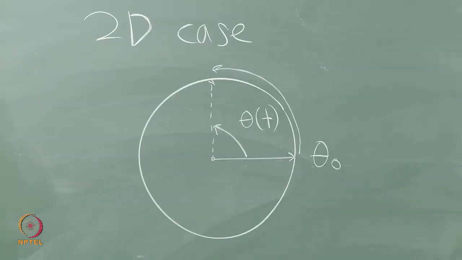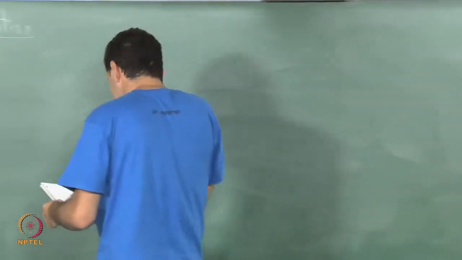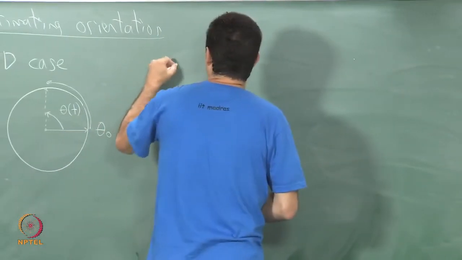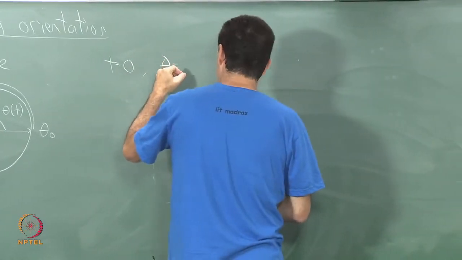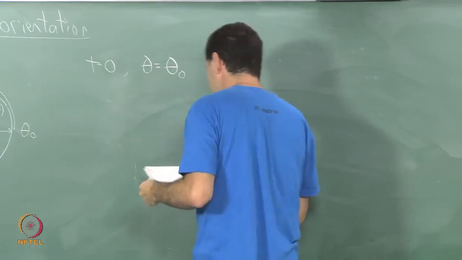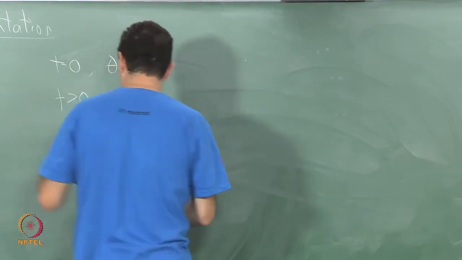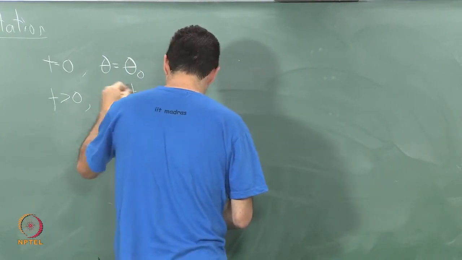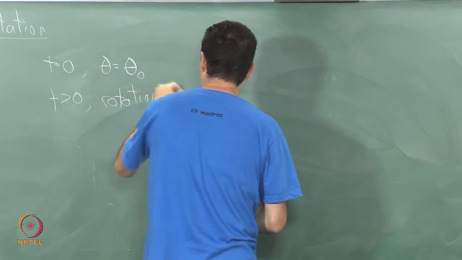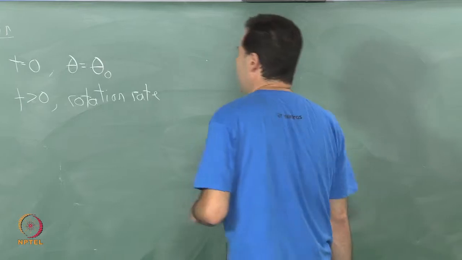So this wheel is spinning and maybe its rate's changing as it goes. So I say time t equals 0, theta equals theta 0, and at t greater than 0 it has a rotation rate, let's just say it's constant to start.